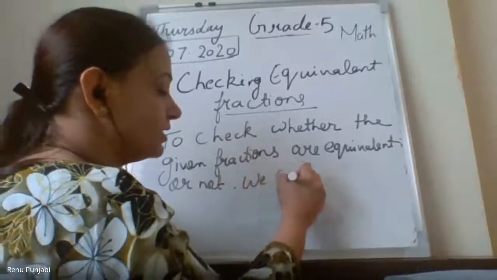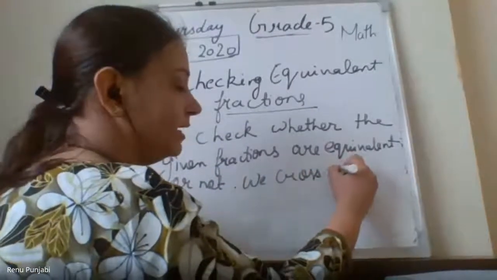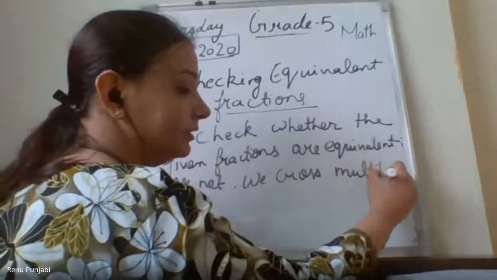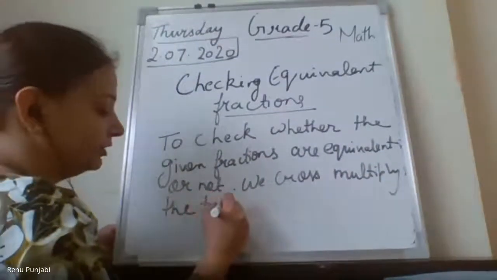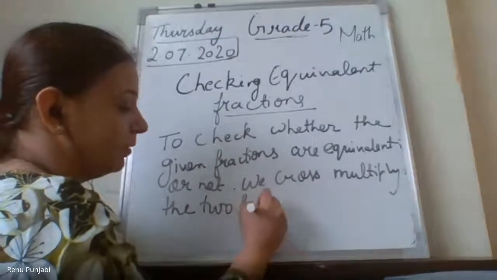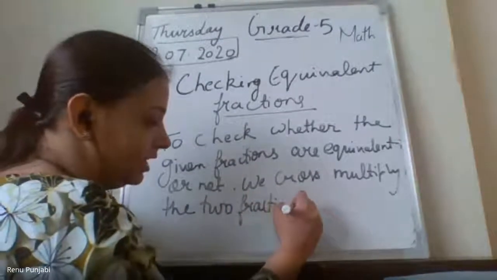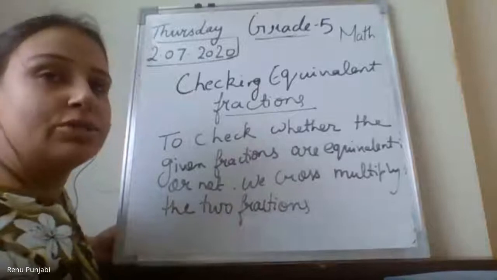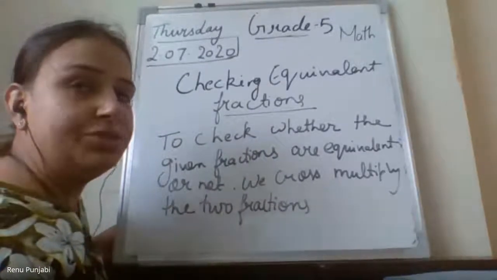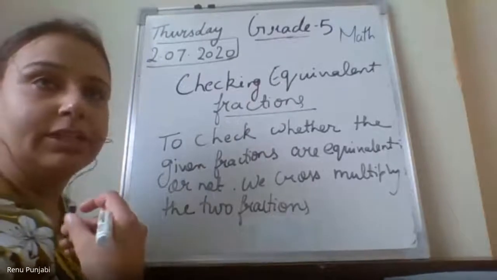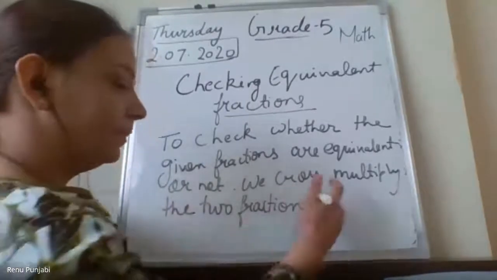We cross multiply the two fractions because we are comparing between two fractions whether they are equal or not. So we use one method, which is the cross multiplication method, to check whether the fractions are equal or not.